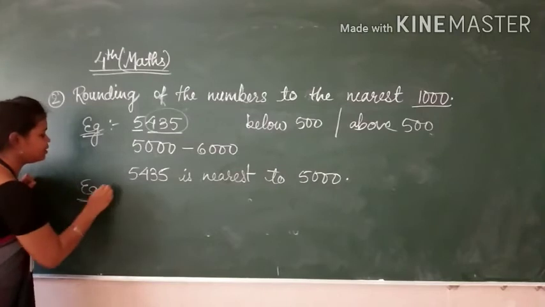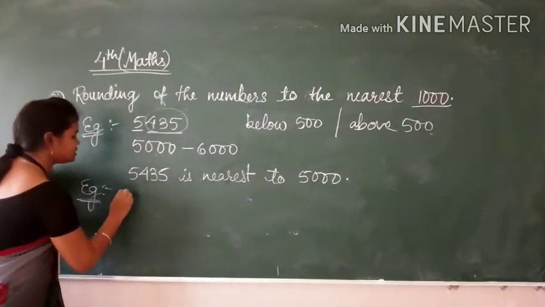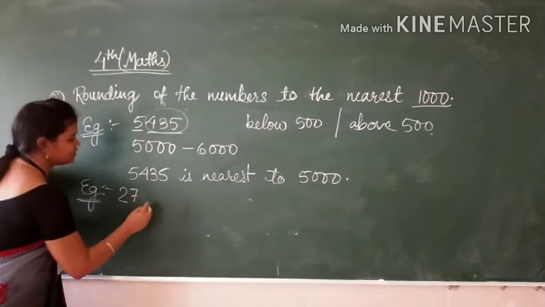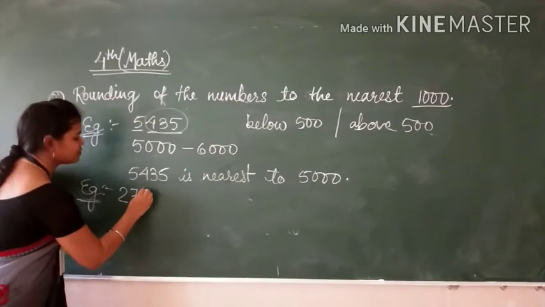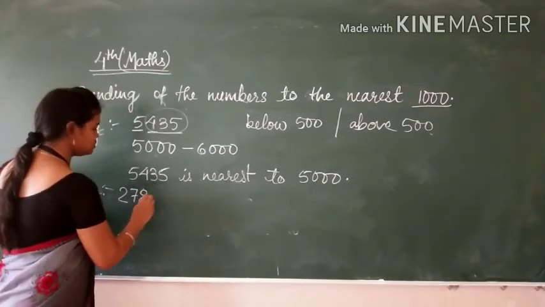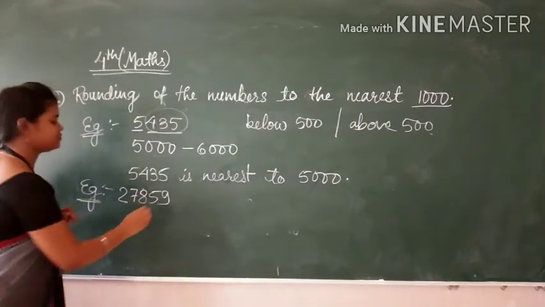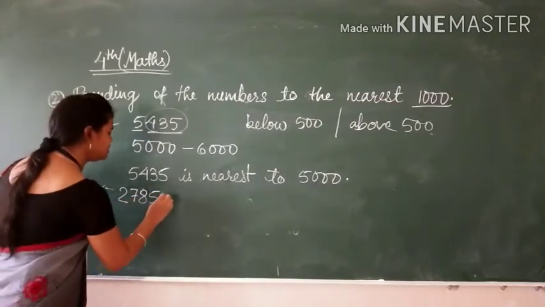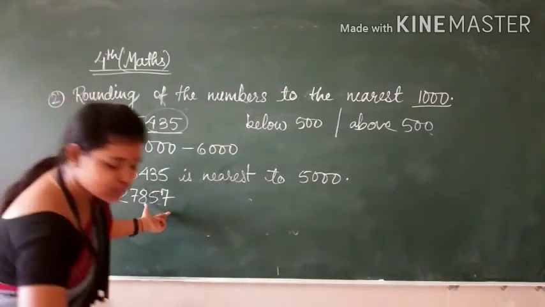See here. For example, we are taking one more greater number, that is 27,857.